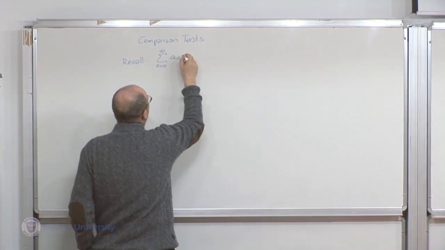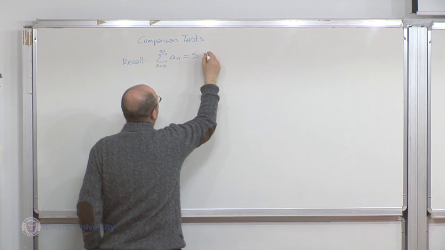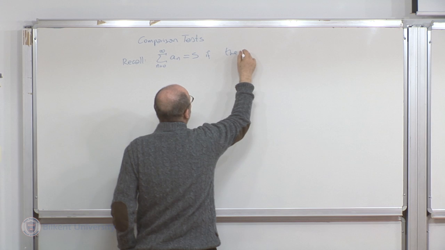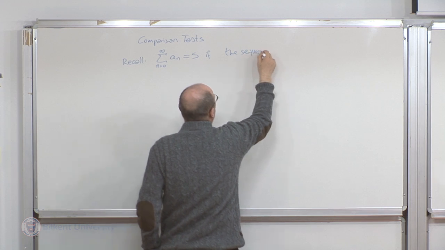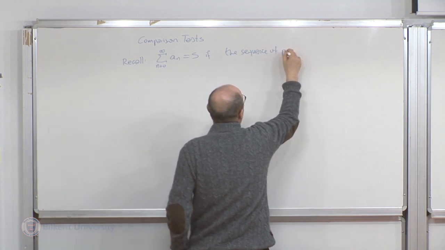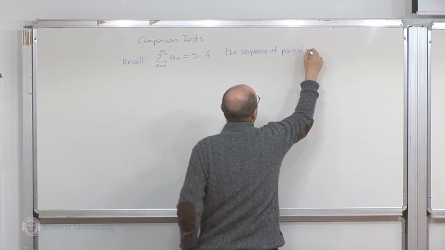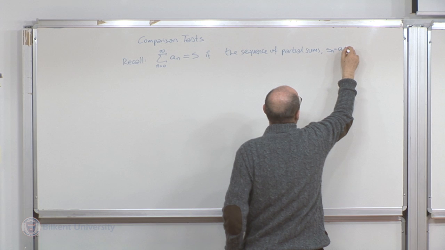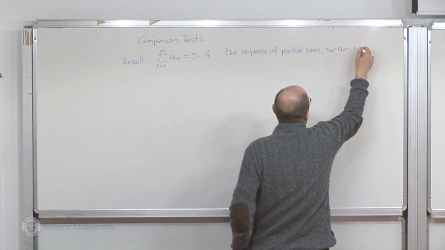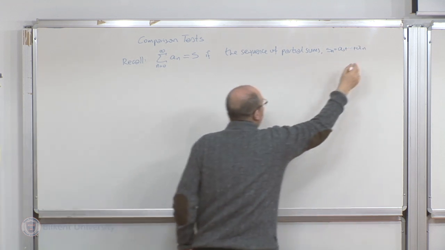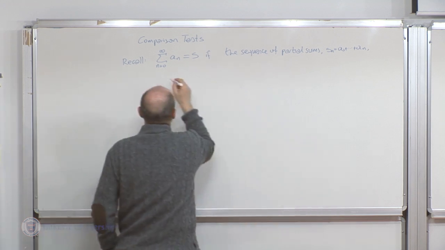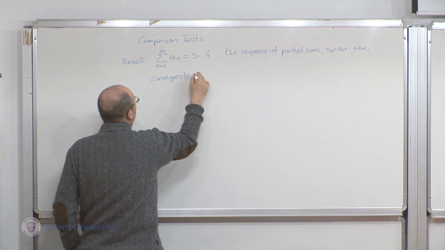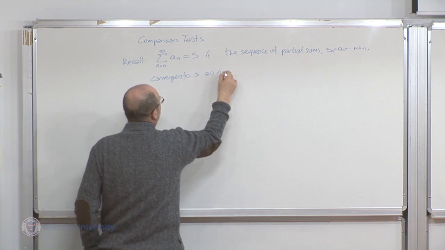It's denoted to be S if the sequence of partial sums, that is S_n equal to a_0 plus ... plus a_n, converges to S as n goes to infinity.